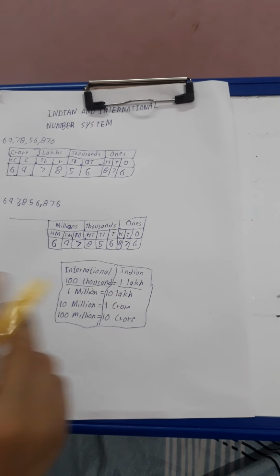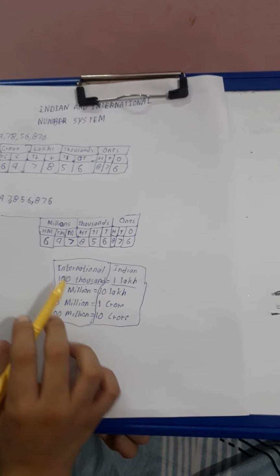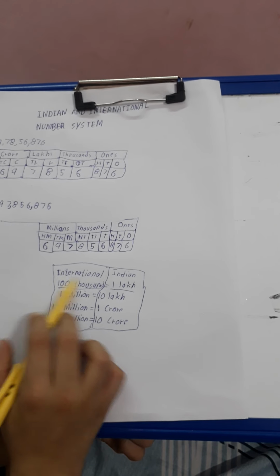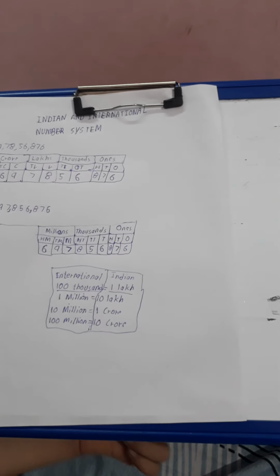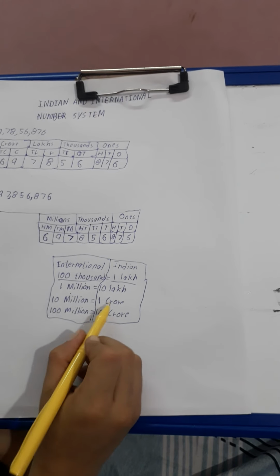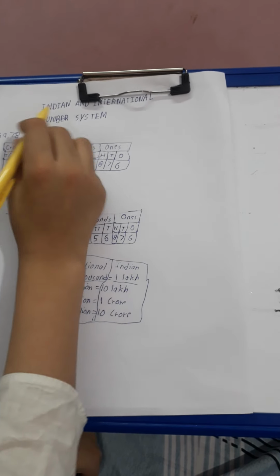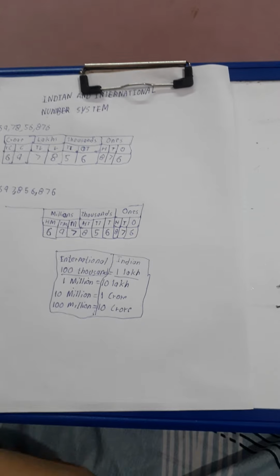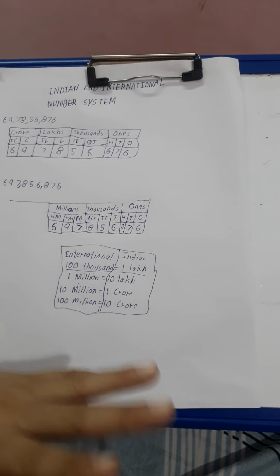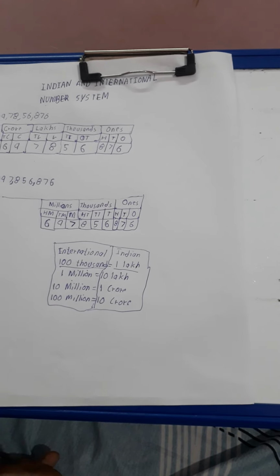And the second thing, repeat after me. 1 million of international number system is equals to 10 lakh of Indian number system. Repeat again in your mind. So I hope you have repeated.